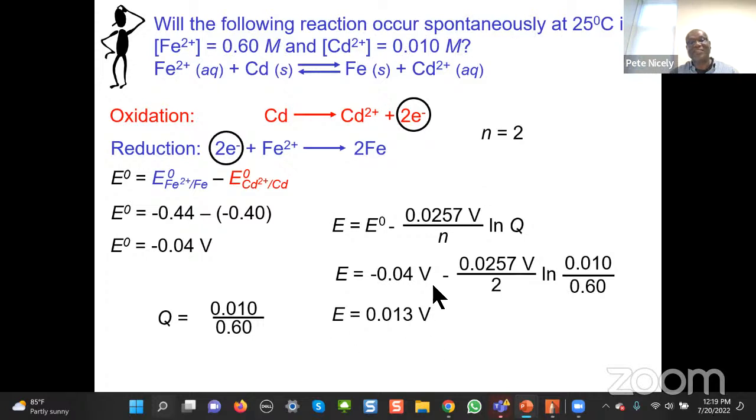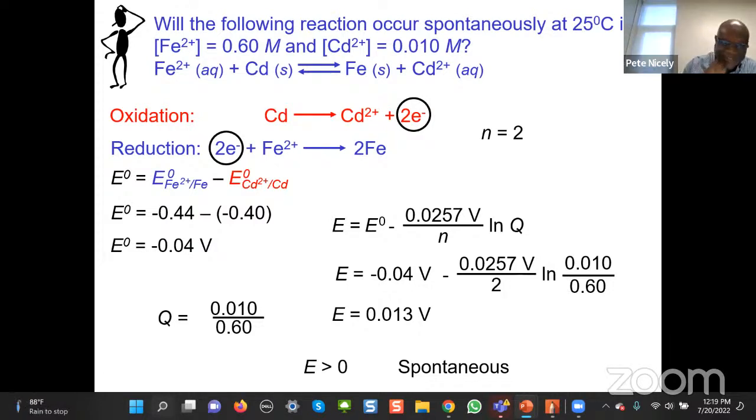Well, because this is positive, the reaction will occur spontaneously, all right? Whenever the EMF of the cell is positive, that tells you that the reaction is spontaneous. If it is negative, that means that the reverse reaction will be spontaneous, all right? Okay, any questions about this particular example?